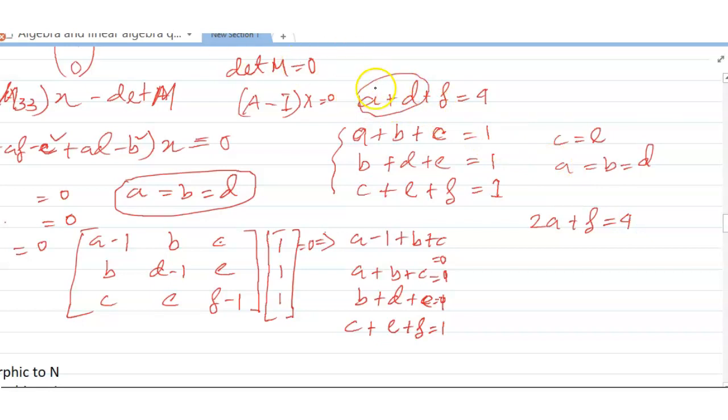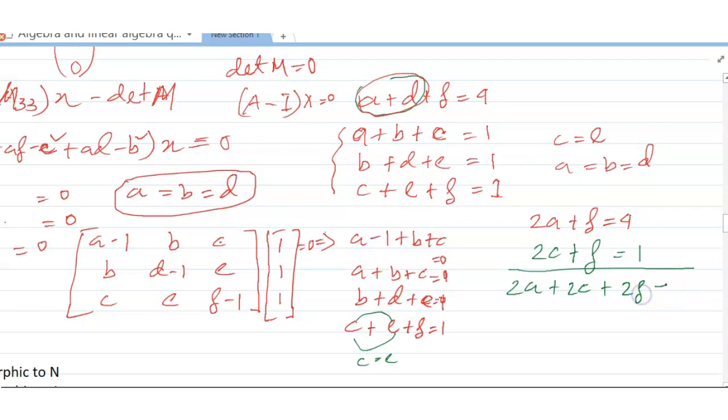And 2c plus f equals 1, as c equals e. So I can write 2c plus f equals 1, and adding this portion, I can get 2a plus 2c plus 2f equals 5.